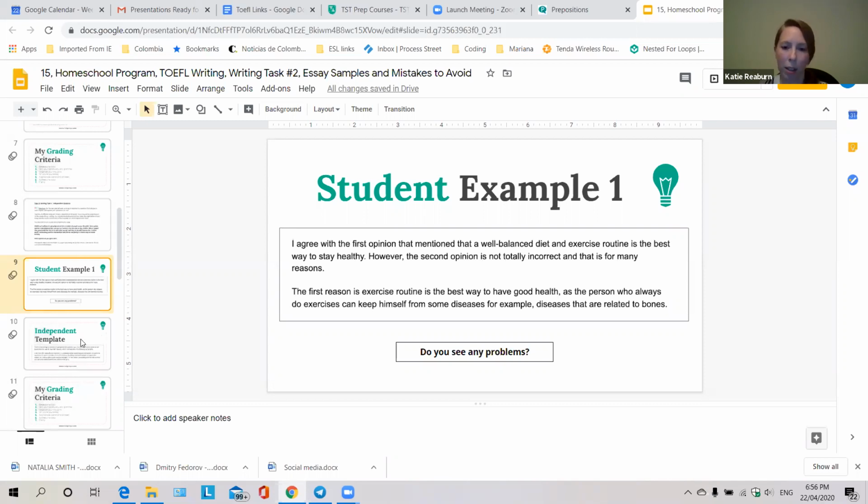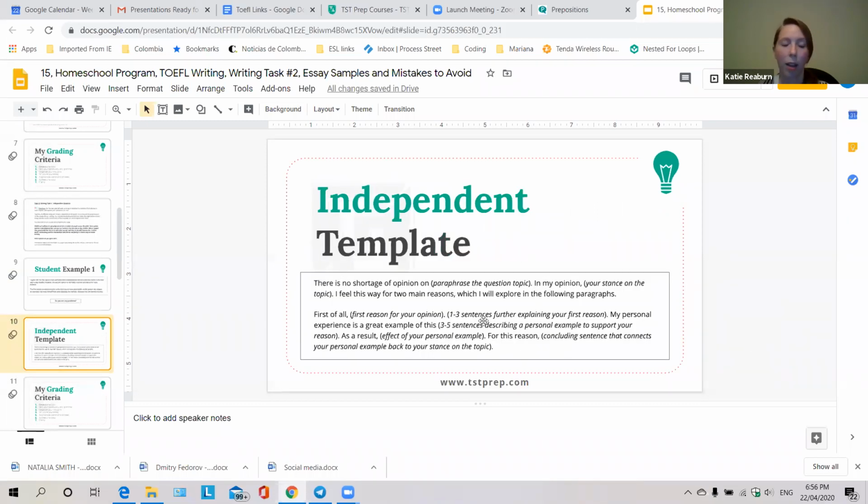If we look back at the independent one, at the template, yes, we also need at the end here to have a closing sentence. This is something almost every student, when they first come to me, they forget this sentence. It's not a conclusion, but it is a final sentence.